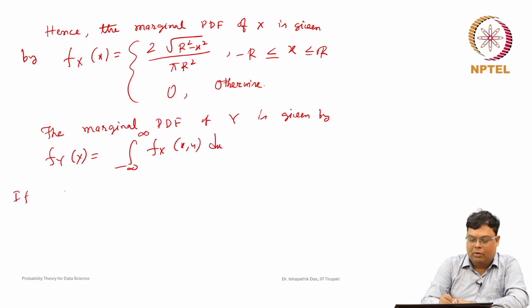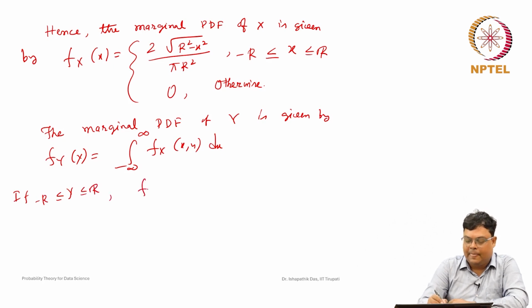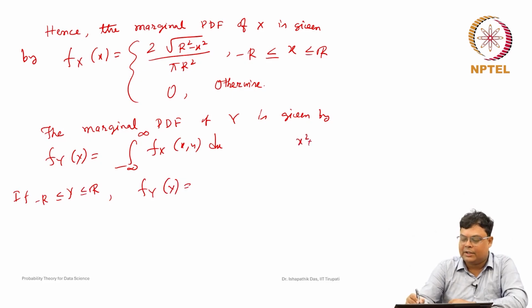Whenever y is greater than or equal to minus r and less than or equal to plus r, only then is this non-zero, and the limit will be similarly x square plus y square less than or equal to r square. Fixing y between minus r and plus r, x square is less than or equal to r square minus y square. So for a fixed y, we have to find the limit of x because we are doing the integration over x.